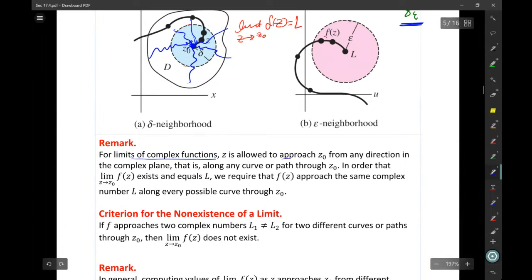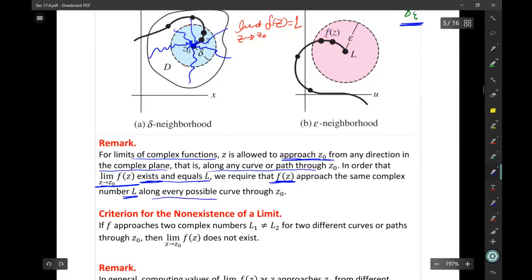Z is allowed to approach the number z naught from any direction in the complex plane, that is, along any curve or path through z naught. In order to guarantee that the limit of f of z exists and equals the number L, we require that f of z approach the same complex number L from wherever the path to z naught is taken.